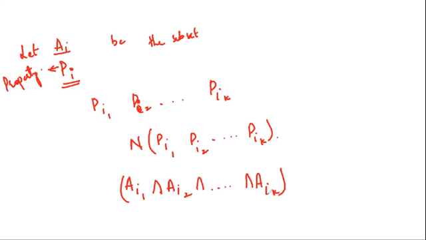That is the reason I have written this Ai, which will be equivalent to n of Pi1, Pi2 and so on up to Pik. If we want the number of elements with none of the properties P1, P2 up to Pn, then that can be written as n of P1 dash, where P1 dash denotes that it does not have the property P1, and then we have P2 dash, which does not have the property P2.